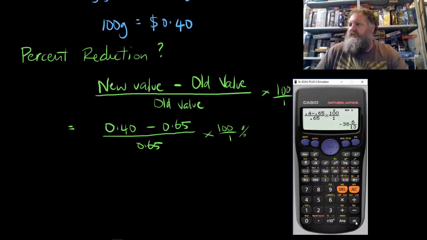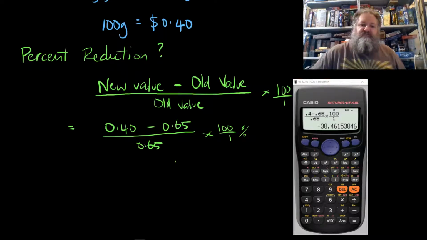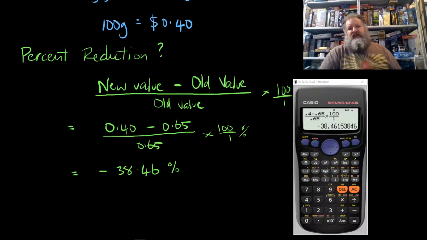And we will get negative 38 and 6/13. Well, I don't like that. We're dealing with money. Probably decimal's the way to go. So I'll do this and I'll round that off to negative 38.46%. Now that's interesting. A negative percent. What does that mean?